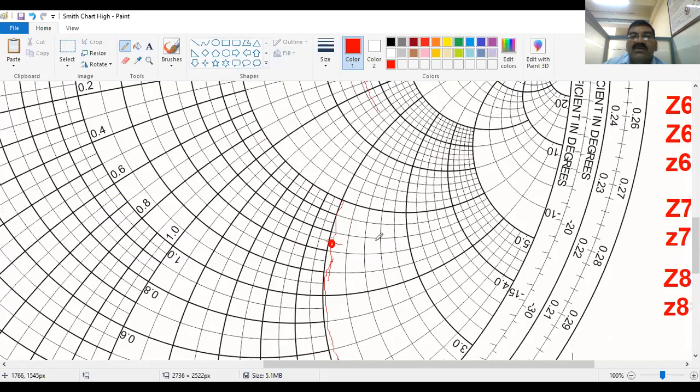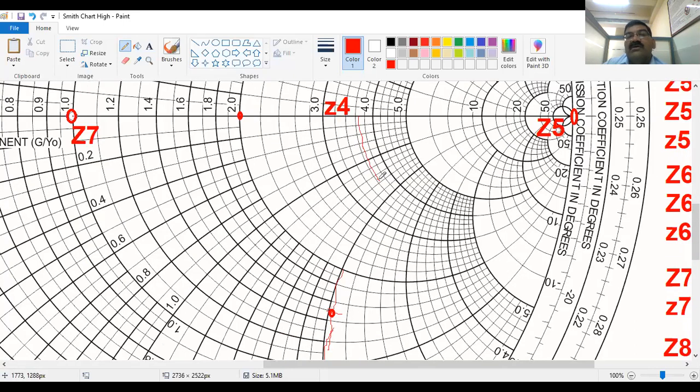Here you also have to draw it freehand. As I'm drawing it on the screen, it is somewhat difficult for me. Whatever this red line that you are seeing is for the 3.68 line.